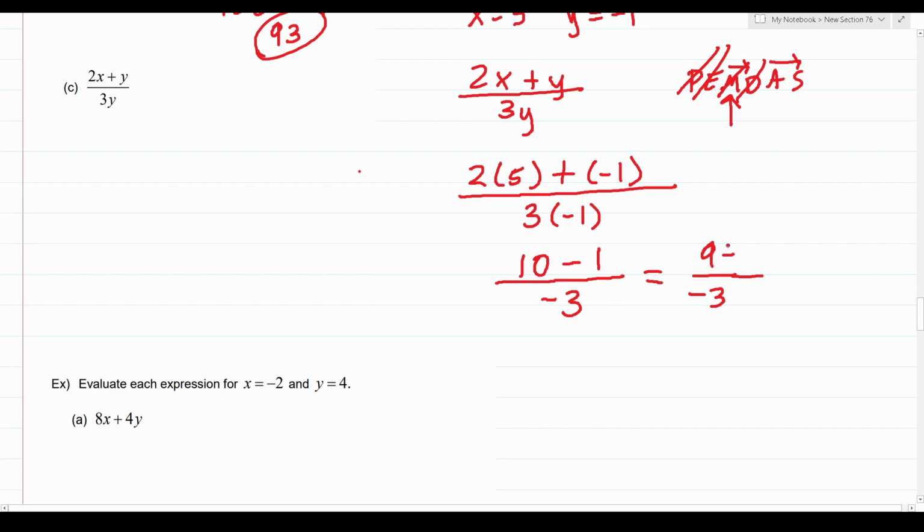We can divide the numerator 9 and the denominator -3 by a common factor of 3. 9 divided by 3 is 3. -3 divided by 3 is -1. And this says 3 over -1. Anything over 1 is just itself. Anything over -1 is going to be negative itself. So 3 over -1 is -3. All right, so that's that one.